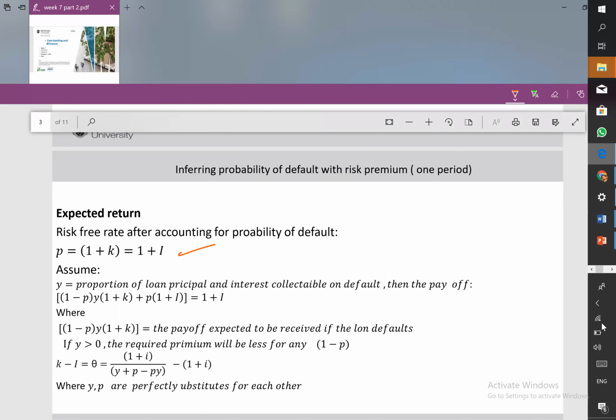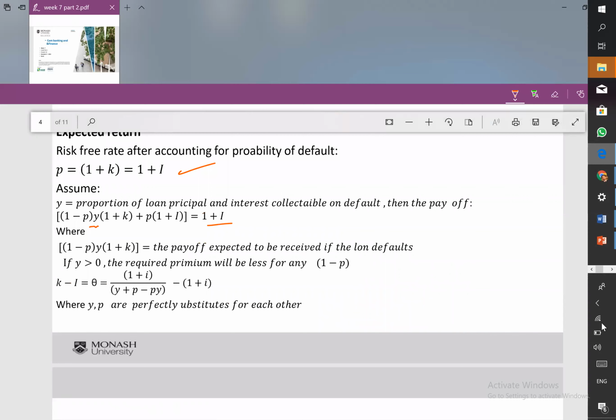Now, when we bring the collateral, this is the payoff, the probability of defaulting plus the probability of payment should equal 1 plus I. So if the collateral is more than 0, which it should be, then in this case, the required premium for any 1 minus P, which is the defaulting, should equal this amount, which is just a formula I show you.